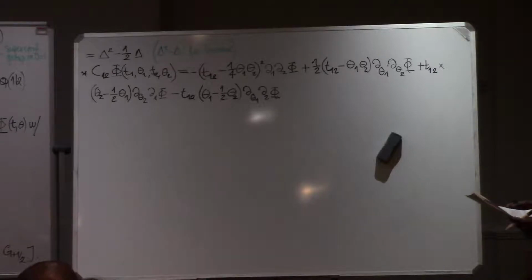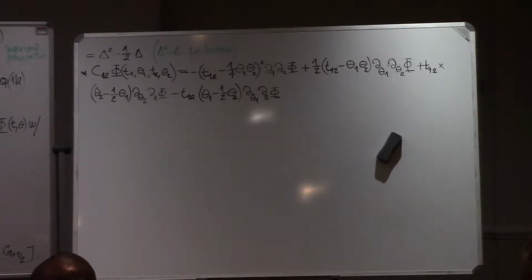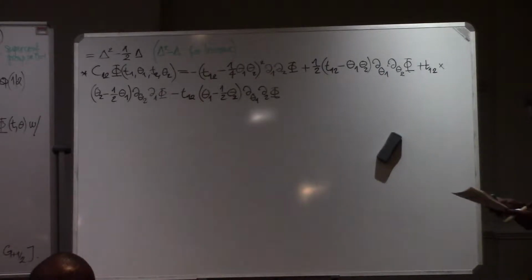So again, I've set delta equal to 0 in writing this, but you can conjugate by T1 minus T2 minus theta 1 theta 2 to the delta if you want the general delta expression. We won't need it in the workflow.